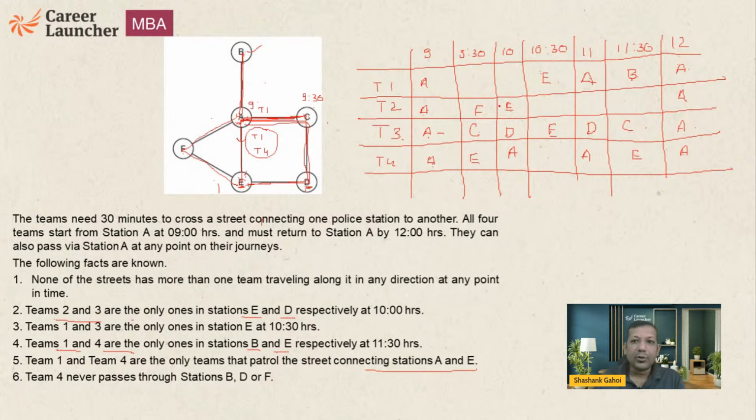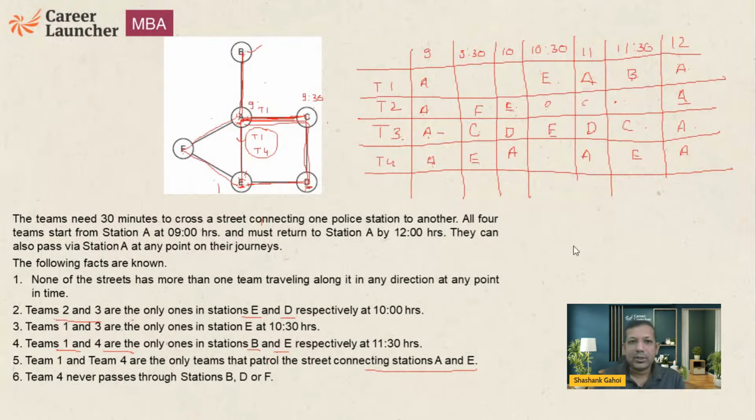Now it can't go from E to A directly, because only T1 and T4 go from E to A directly. So it can go to D, then C, then A. That doesn't seem a good option because A has to be here.